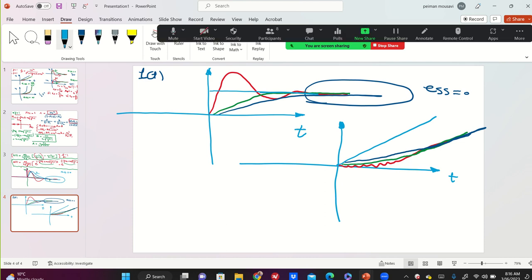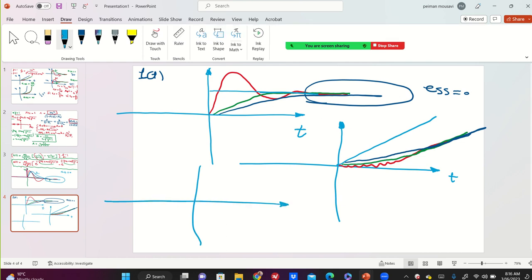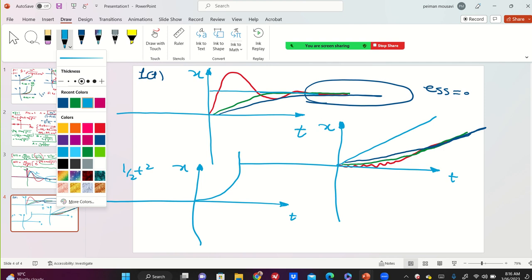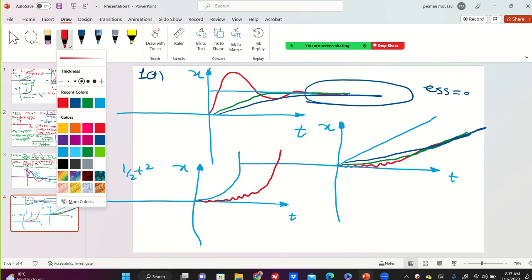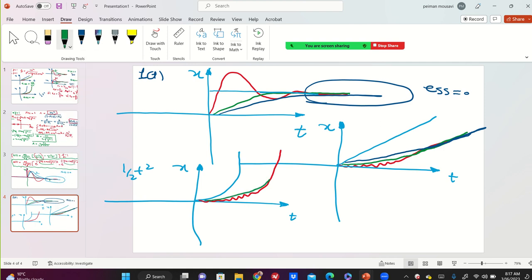And copy this for, finally, the parabolic input. Obviously here is x, here's x, and this is the input. You have a transient for the underdamped, increasing with time. This is no oscillation.